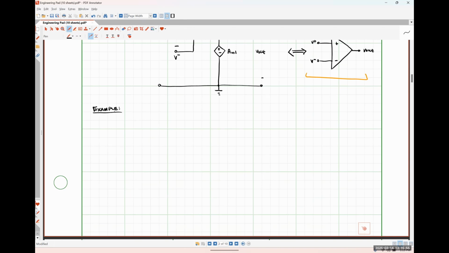So let's say that we have the following circuit. So I'm going to ground my inverting input terminal.